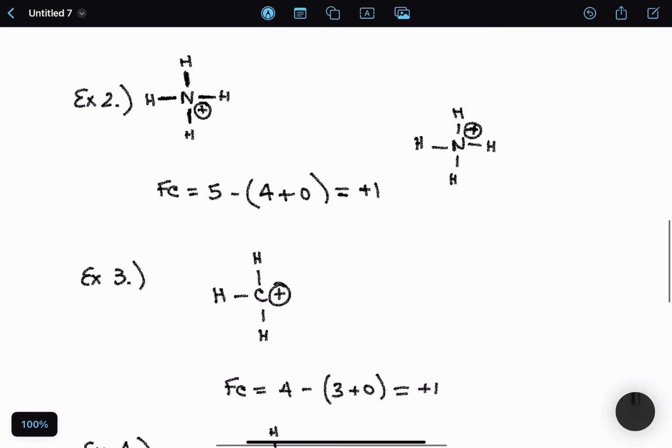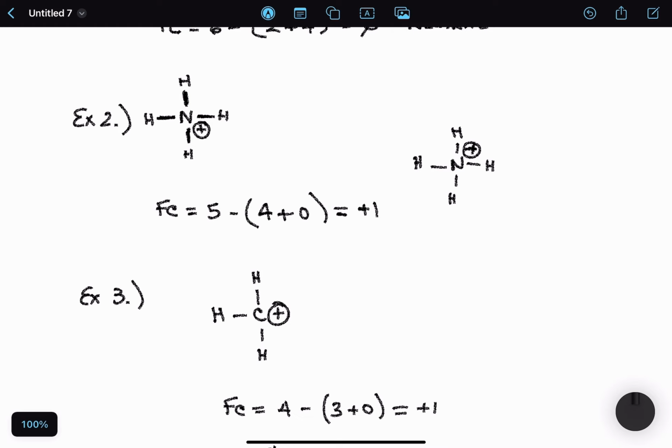A couple things to note here, going back to example 2: an octet doesn't necessarily mean that you have a neutral atom. So let me note this. Having an octet doesn't automatically mean it's neutral.